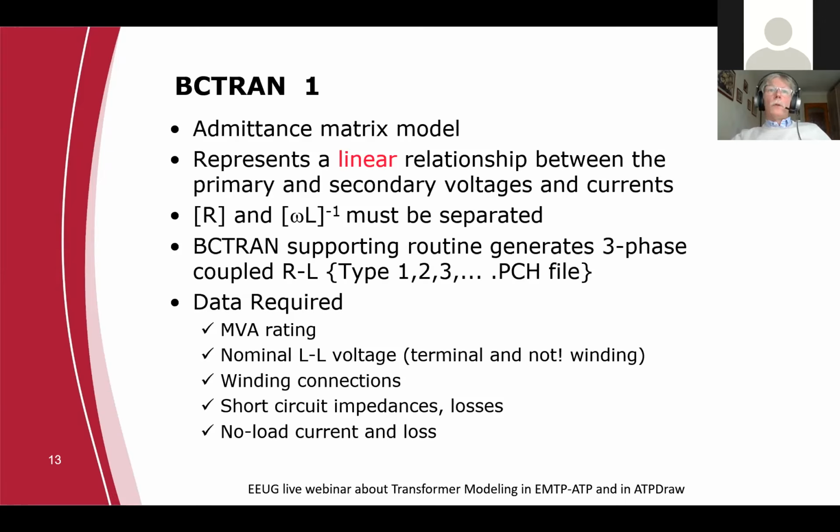You have to know the winding connection, Y or delta. You have to know the short circuit impedances, short circuit losses, and no-load currents and losses, or some information about the no-load test or excitation test of the transformer. Generally, these data are readily available for each transformer.